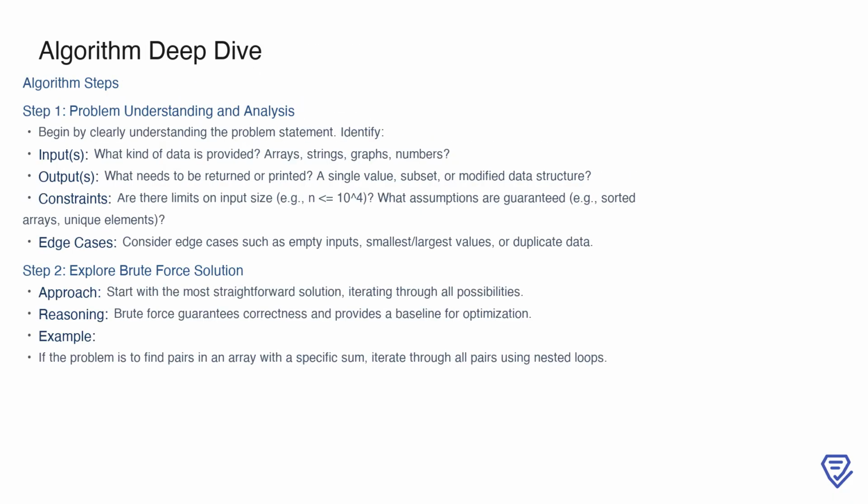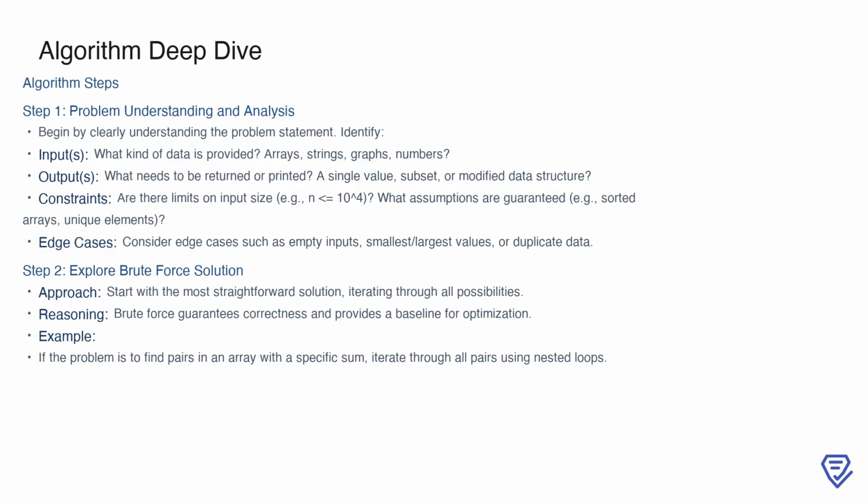To begin solving any algorithmic problem, the first step is to deeply understand the problem itself. Start by identifying the inputs. What kind of data is provided? Is it an array, a graph, or maybe a string? Then determine the expected outputs. Are you returning a single value, a subset of the input, or perhaps a modified data structure? Next, examine the constraints.